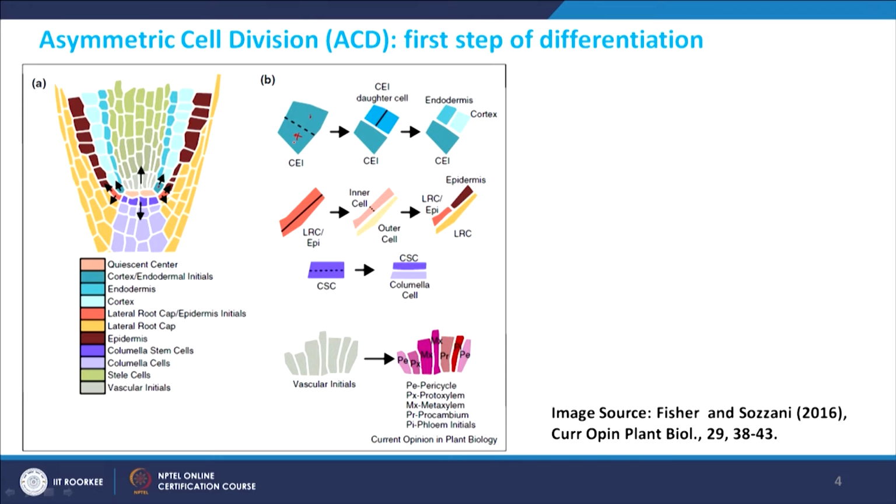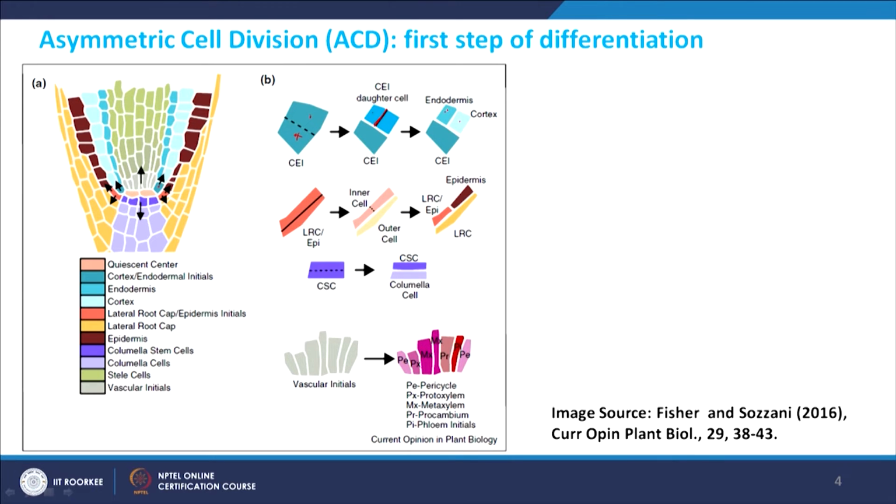And once the differentiation process starts, it undergoes another round of cell division. This cell division is different in nature, as there is a reorientation of the plane of cell division. If the earlier division is periclinal, this one is called anticlinal, and this cell division essentially generates two layers from here onwards.